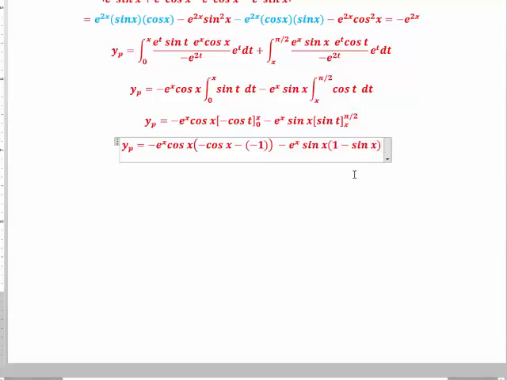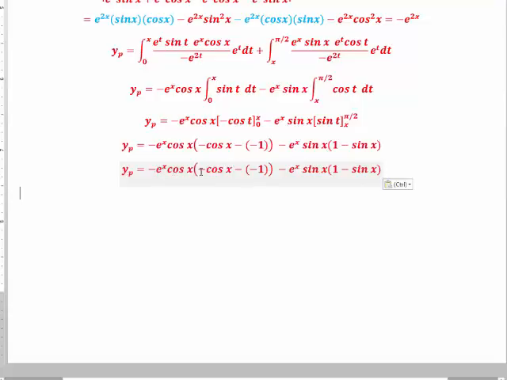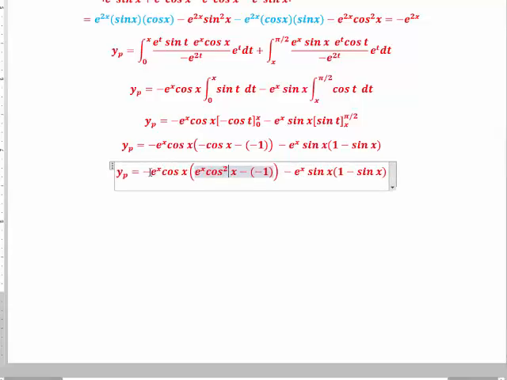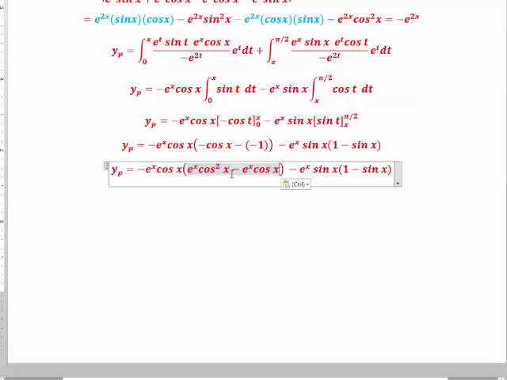All right, how's this looking now? Let's distribute this. A negative and a negative becomes a positive, and then there's 2 cosine x's. So after distributing that first one, this becomes e to the x cosine squared x, and that's positive. Then this gets negative distributed times 1, which makes this into a negative.